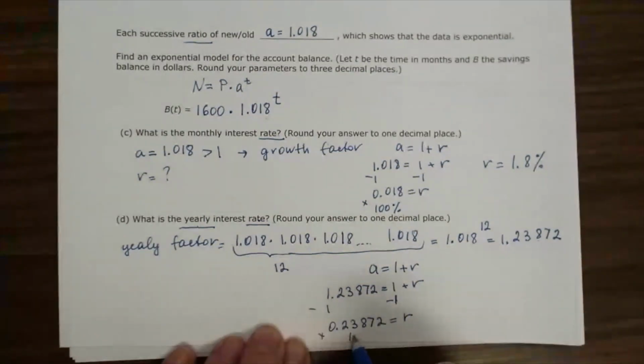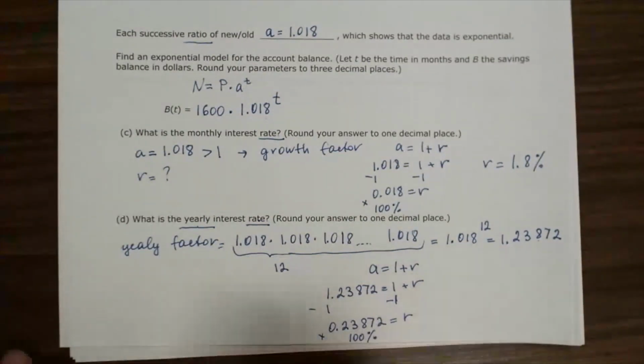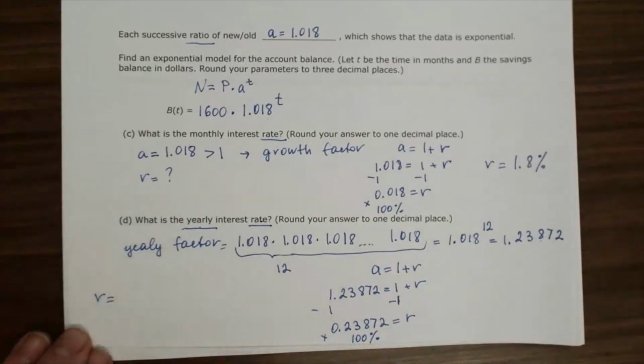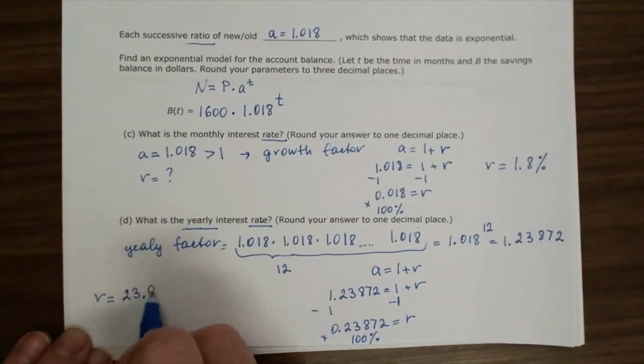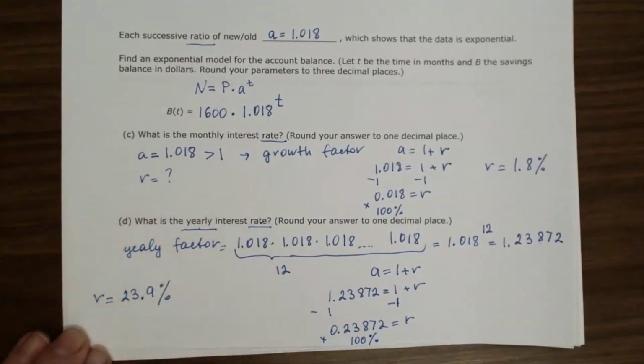Again, we multiply this number by 100. So my R, rounded to one decimal place, is 23.9%.